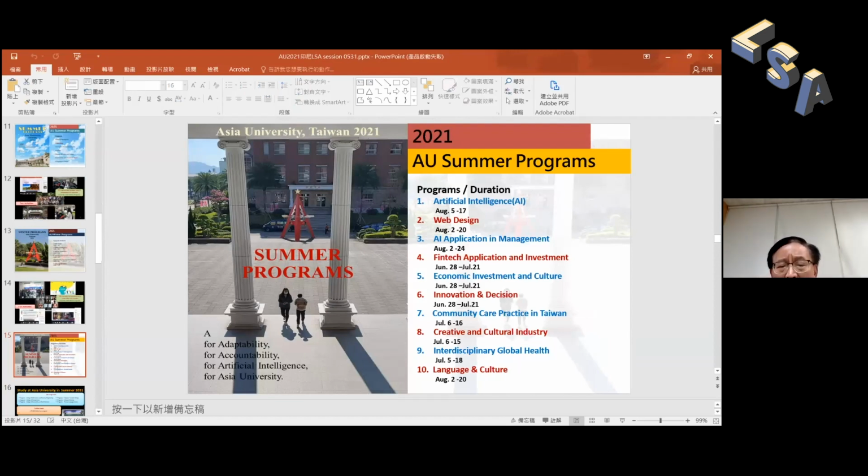Altogether, we have 10 programs: artificial intelligence, web design, AI application in management, fintech application and investment, economic investment, innovation and decision, community care practice, creative and cultural industry, interdisciplinary global health, and language and culture. The last program is the only one taught in Chinese and English. The rest are taught in English.